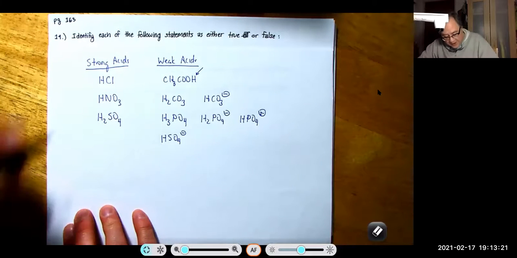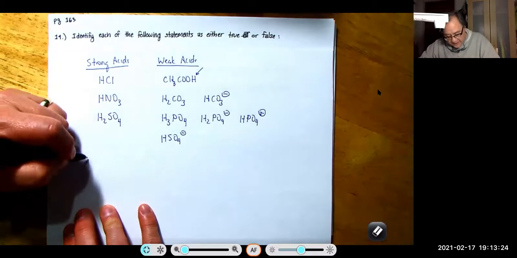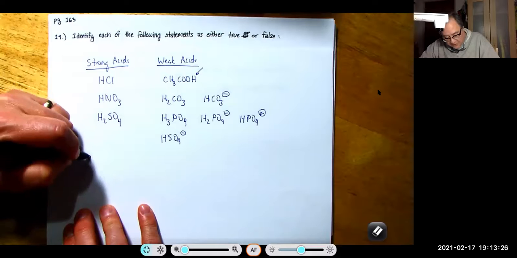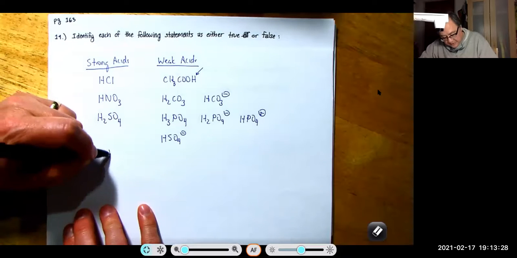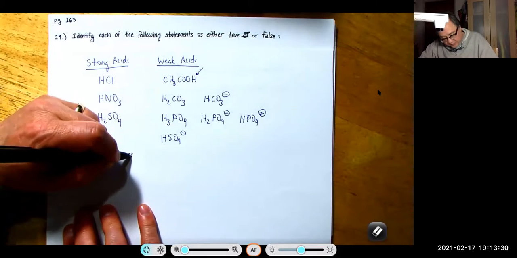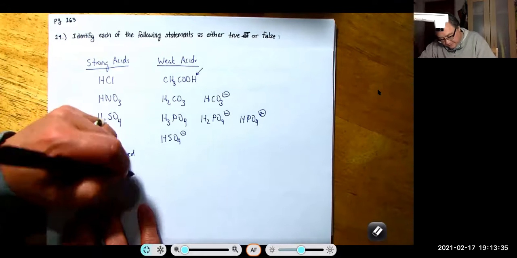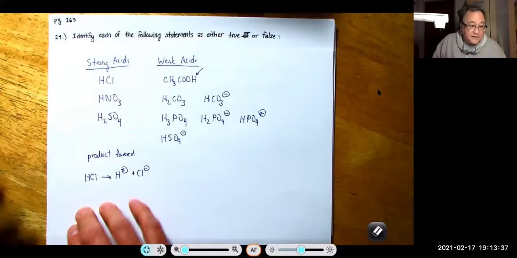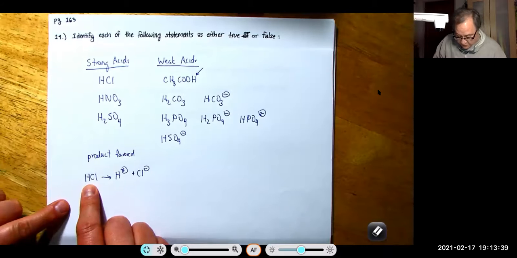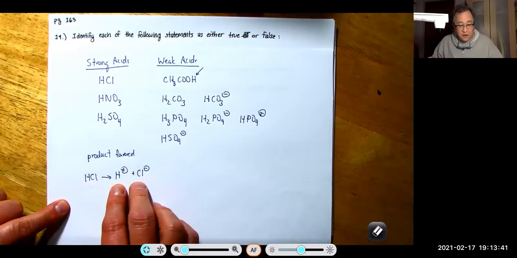And the thing about strong acids is that we say that they're product favored, because when that HCl does this, if all of these come apart, that means you basically only have product favored.